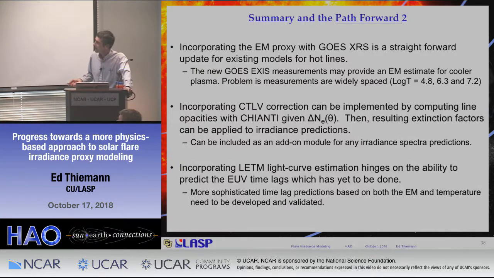And then incorporating the LEDM light curve estimation hinges on the ability to predict the EUV time lags, which has yet to be done. And so we need to find a method to predict the time lags. We have some ideas on how to move forward. We just haven't implemented that yet.